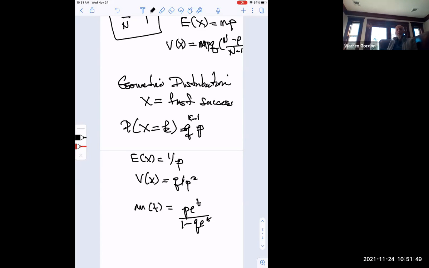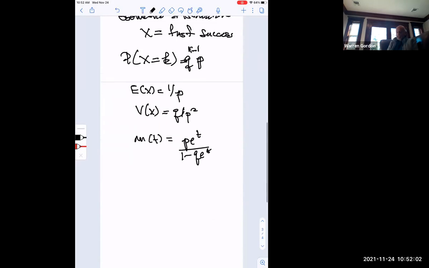These are all very important distributions. They come up a lot in probability theory. The geometric in particular, we've done before when we talked about geometric series. Problem number 2 on your exam was really a geometric distribution.